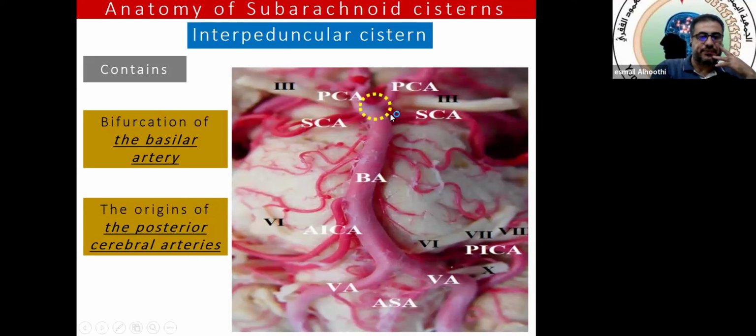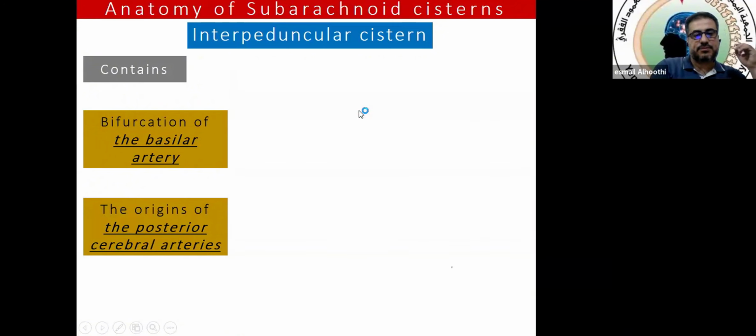As you see here, this is the bifurcation, the posterior cerebral artery, and the superior cerebellar artery, which are contents of the interpeduncular cistern.